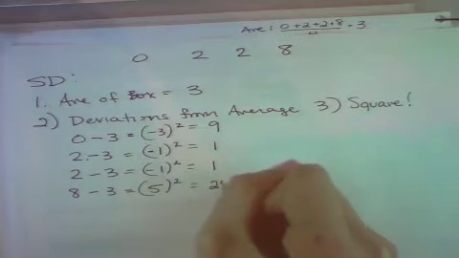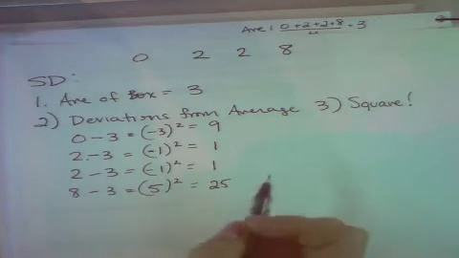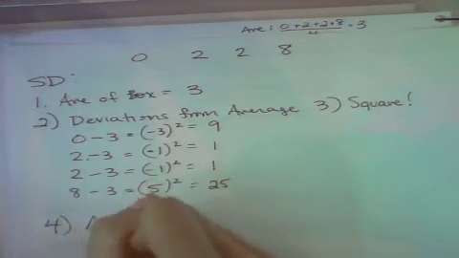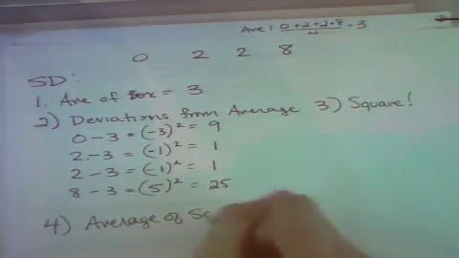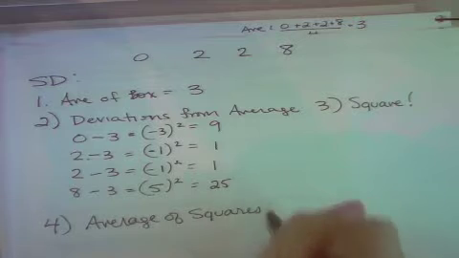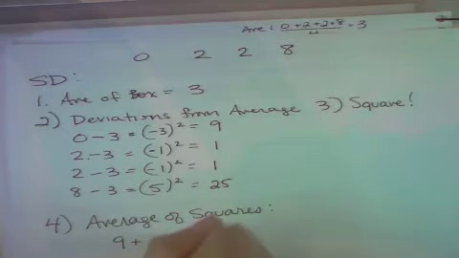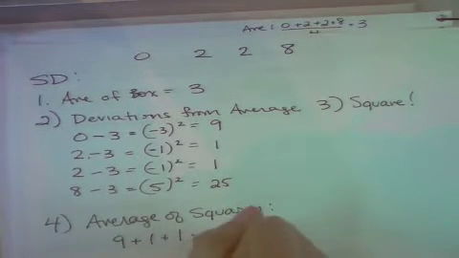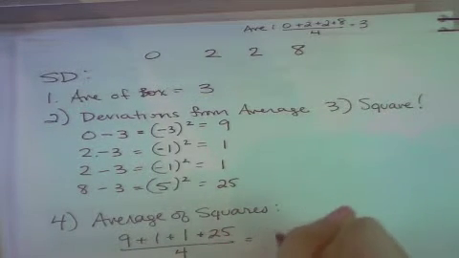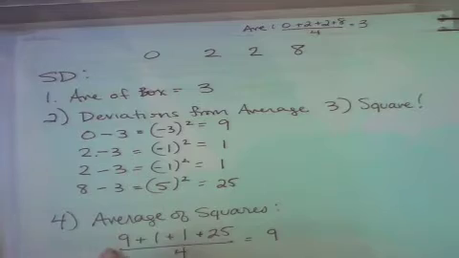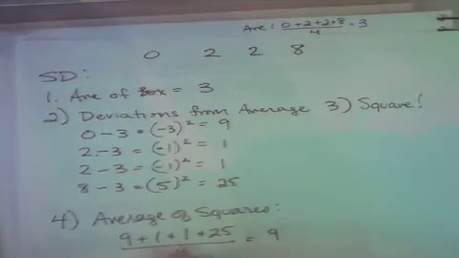Okay, so you square your deviations from average, and then step 4, you take the average of your squares. So we're going to take the average of 9 and 1 and 1 and 25, divided 4 ways, and get 9. And last but not least, you got to take your square root.